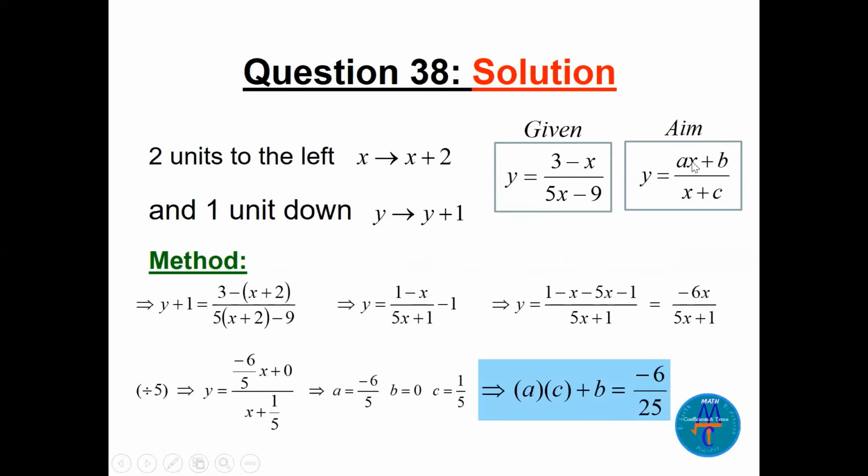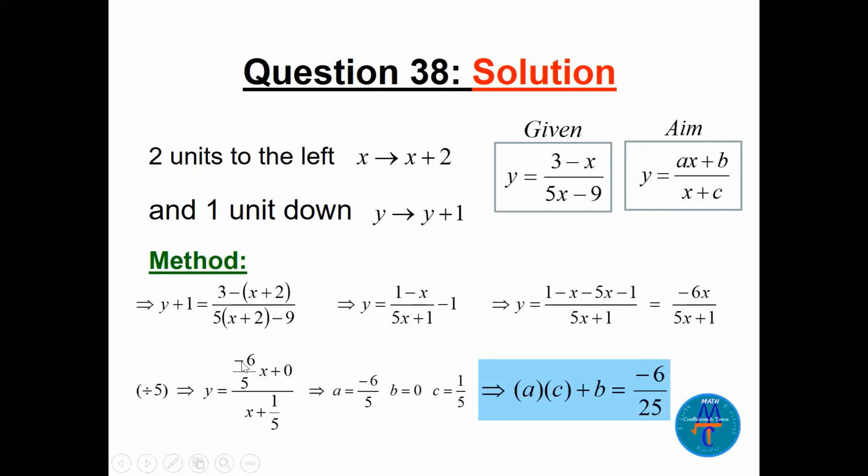Now look at the aim here. See, it looks like a is minus 6. X, there is an x, nothing there, so I put plus 0. But down, if you look carefully here, x plus c, so I need no number here, the coefficient 1. So just divide every term here, up and down, by 5.